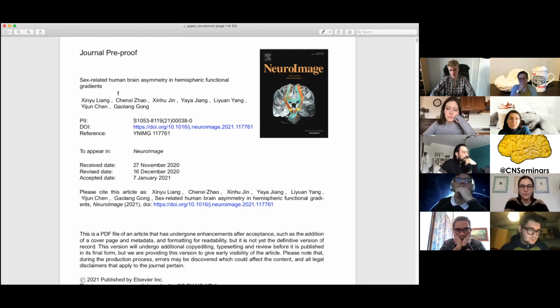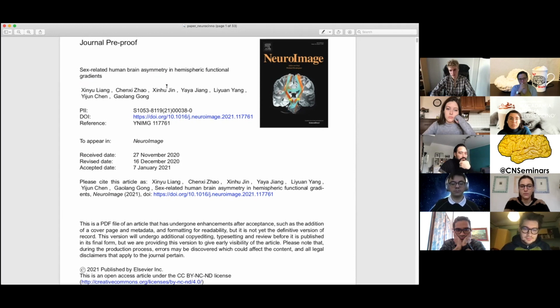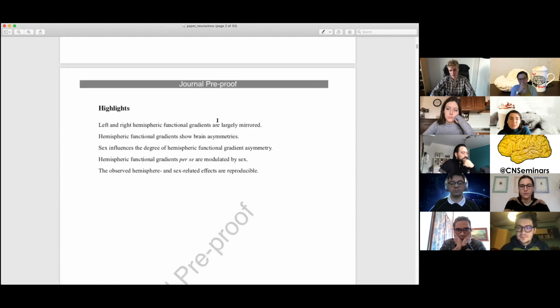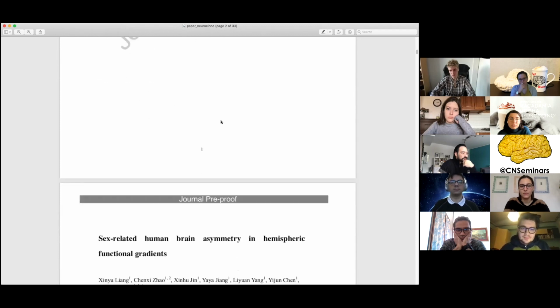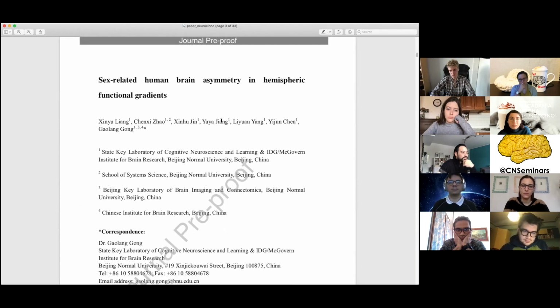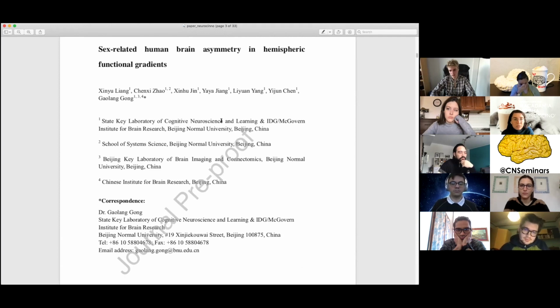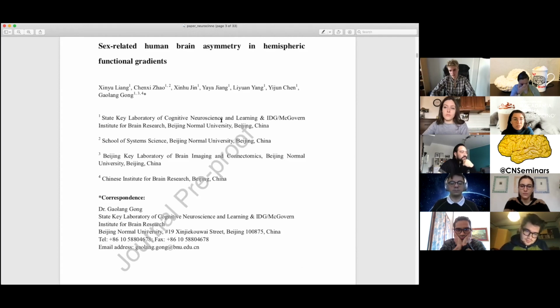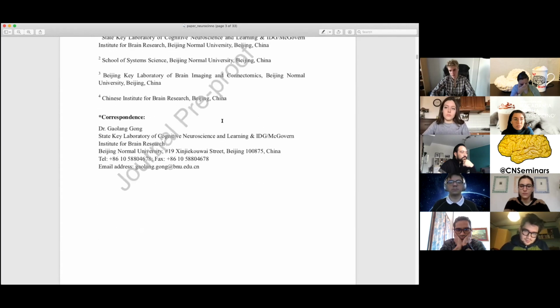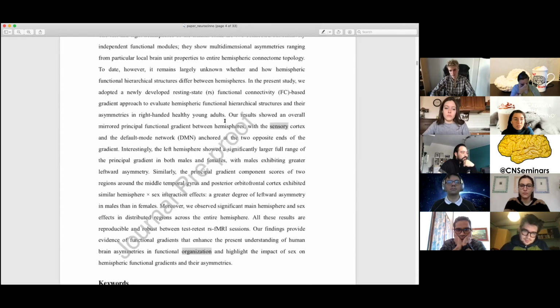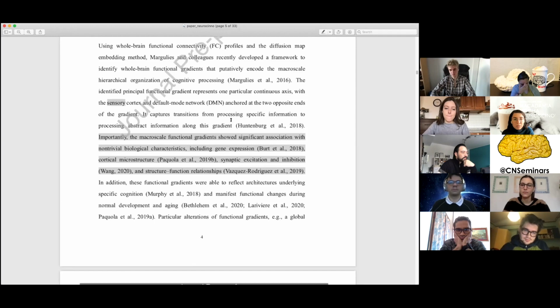So it's about sex-related differences or asymmetries in the hemispheric functional gradient, hence right on the topic of gradients. What they basically did was, for the first time, to look into the differences in the principal and secondary functional gradient between the two hemispheres, so the asymmetry, so to speak.